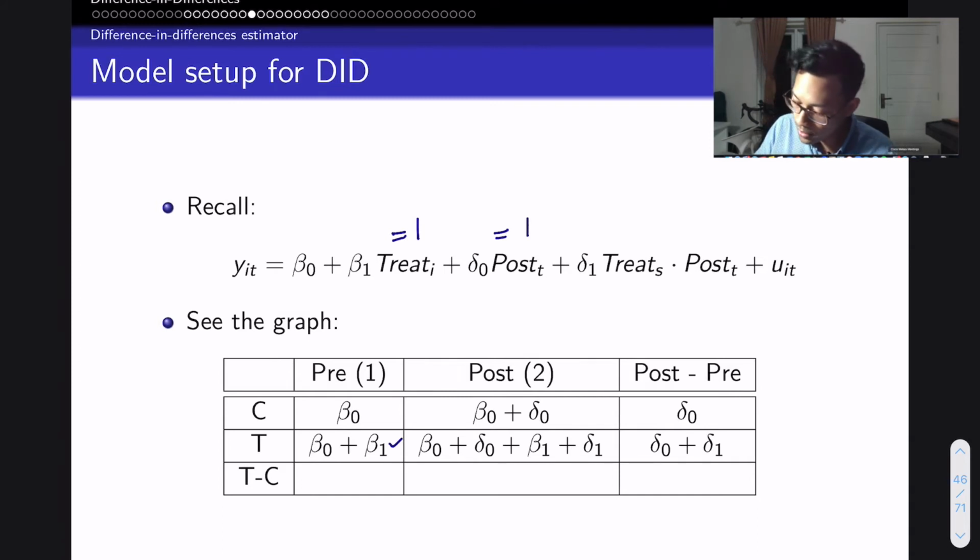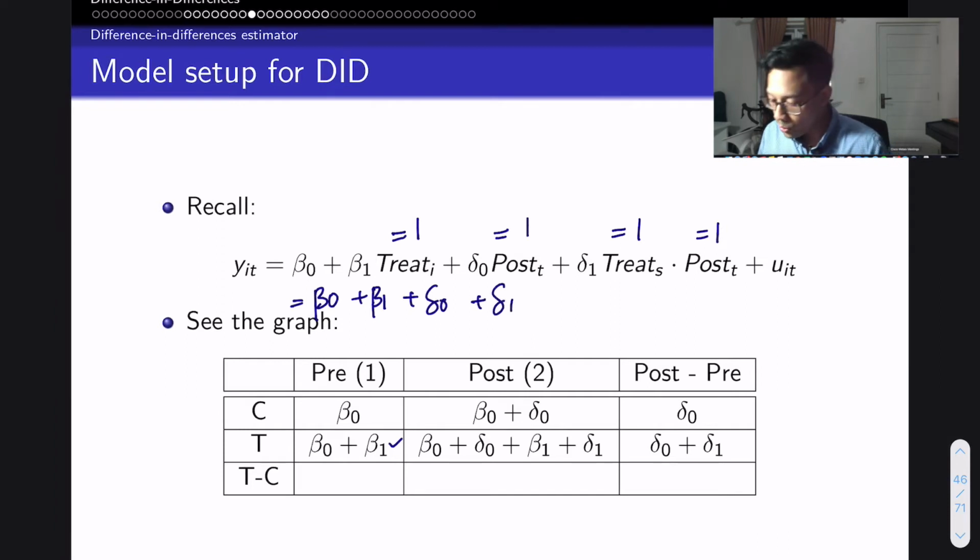And so given that treat is equal to 1 and post is equal to 1, we're going to have beta 0 plus beta 1 plus delta 0 plus delta 1. So the same exercise, we can do pre and post for the treatment group, and so you get a pre and post of delta 0 plus delta 1.